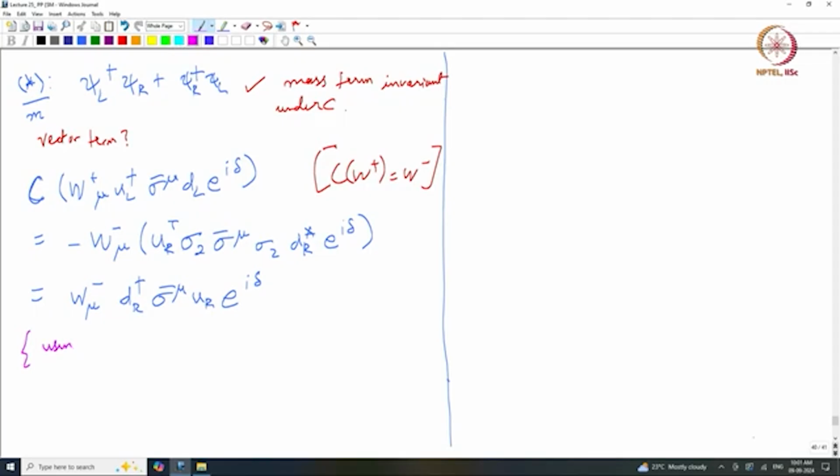What I did was I used first of all the fact that sigma 2 sigma I sigma 2 is nothing but sigma I itself if I is equal to 2. That is trivial, right? Because sigma 2 times sigma 2 is just identity, and then I am left with one more sigma 2, right? But it turns out to be minus sigma I for I equals 1 and 3.